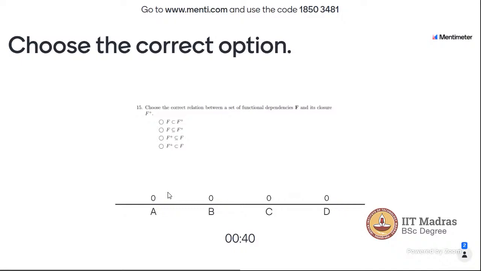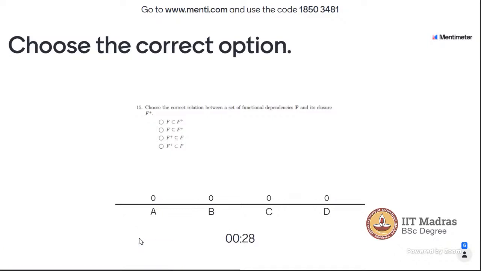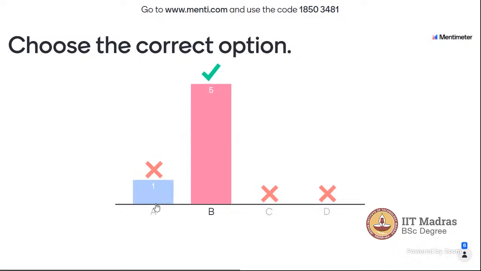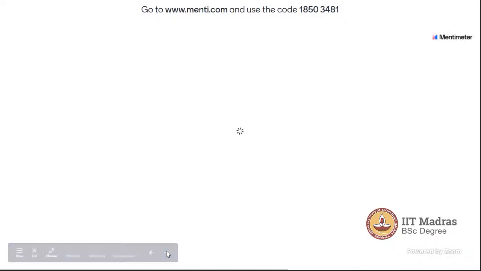You should be able to solve it in 10 seconds only. 1% got it wrong. No worries. Next question.